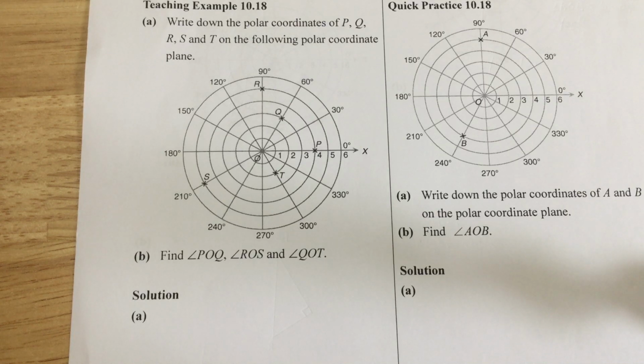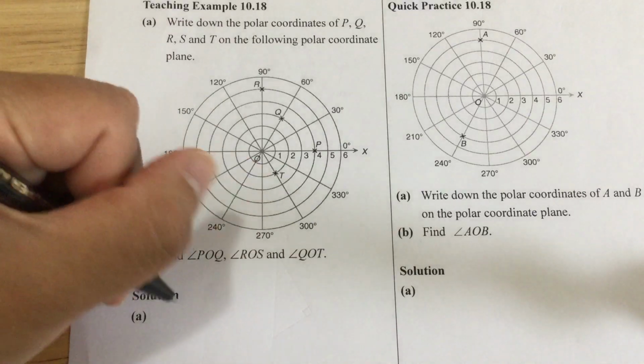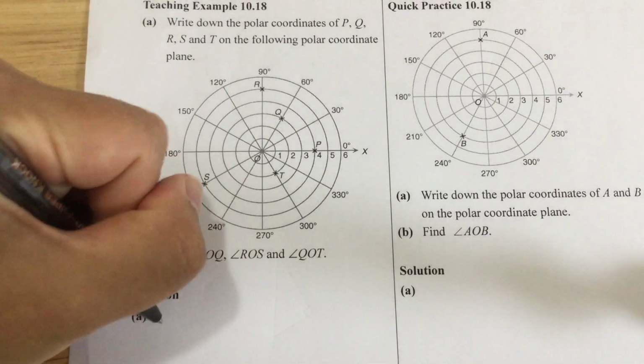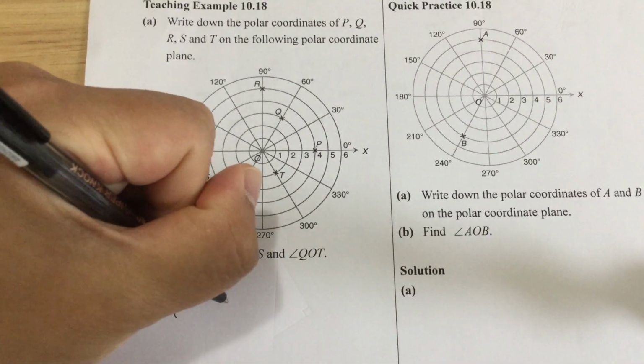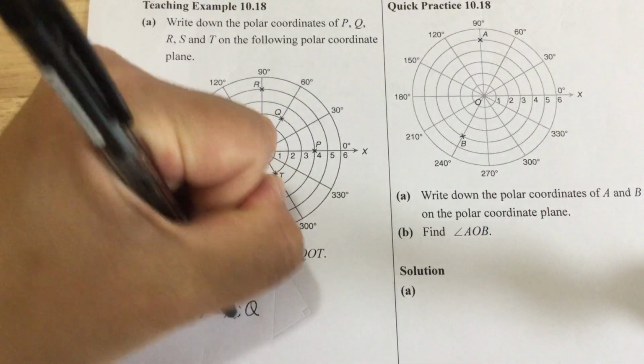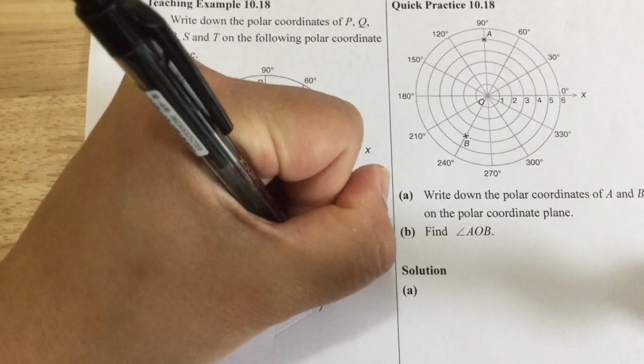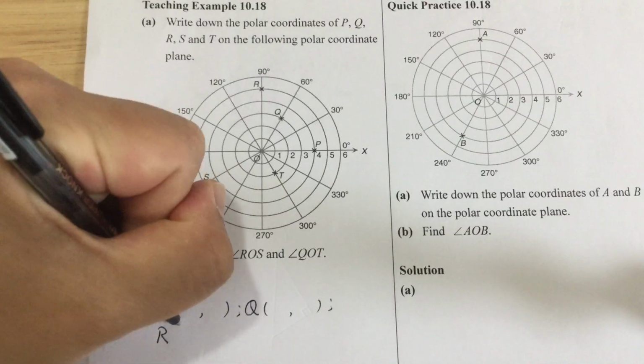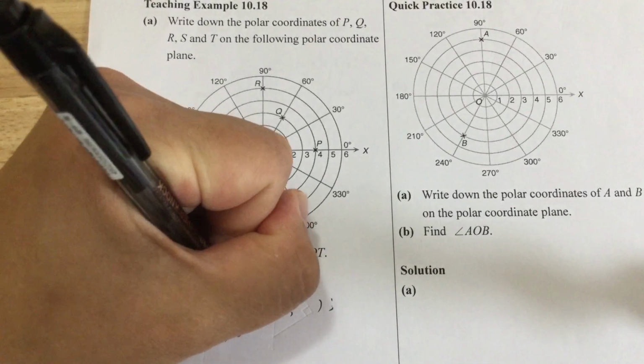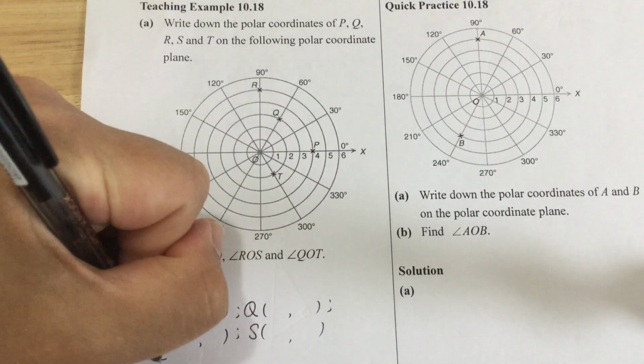Okay, now if you have still not finished, please pause the video. And now we will discuss the answer for you all. So first of all, write down P, bracket, comma, Q, bracket, comma, R, bracket, S, and T.